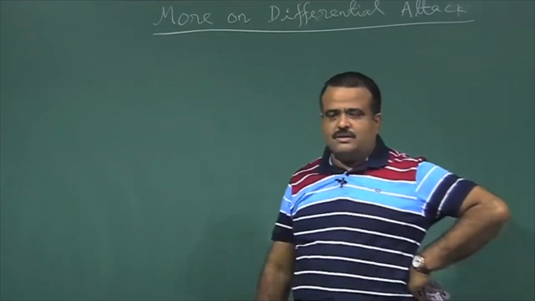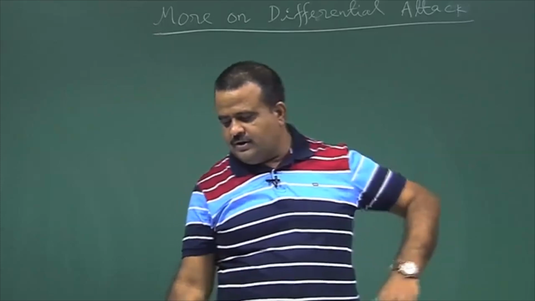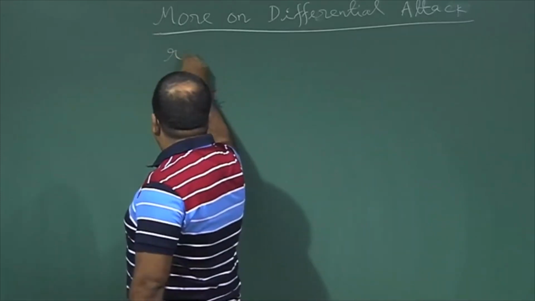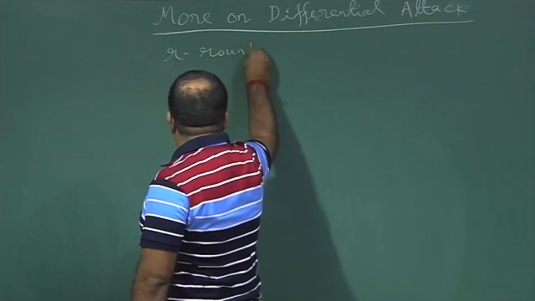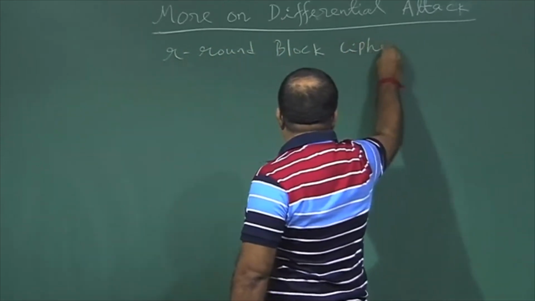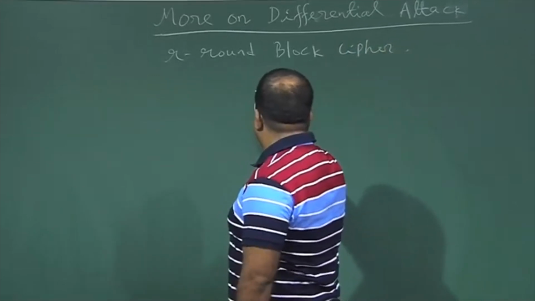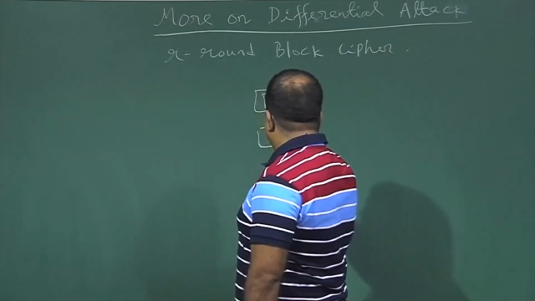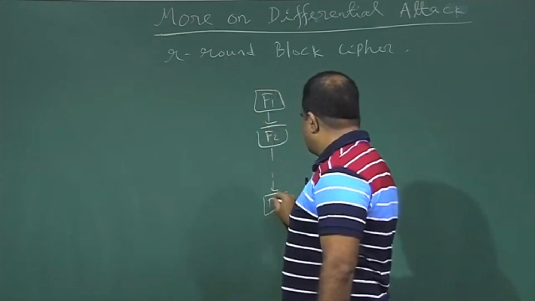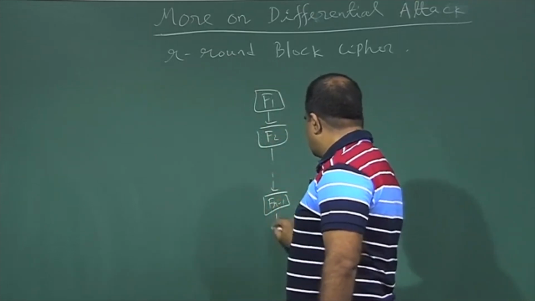So let us just recall the differential attack we discussed. It is an attack on an R round block cipher. If we have an R round block cipher, that means we have R many round functions.